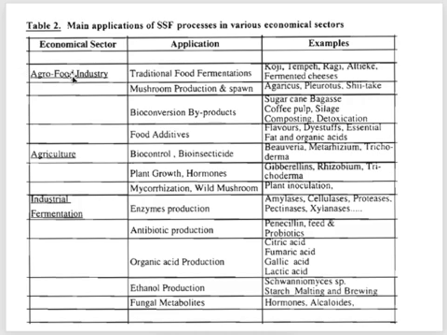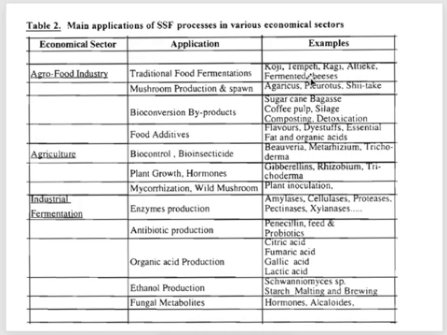For example, in the agro or food industry, traditional food fermentations such as fermented cheese, tempeh, koji. These kinds of foods are not so famous in our country, but in many countries, people like these things. They like fermented cheese, especially in the European countries, I guess. In Japan, they also like some fermented food.